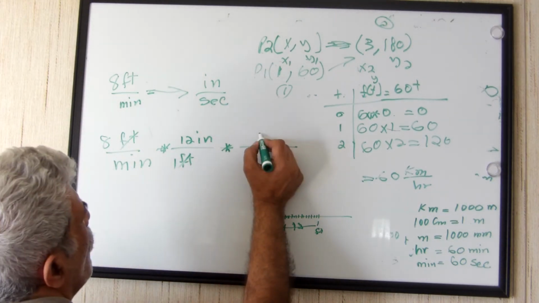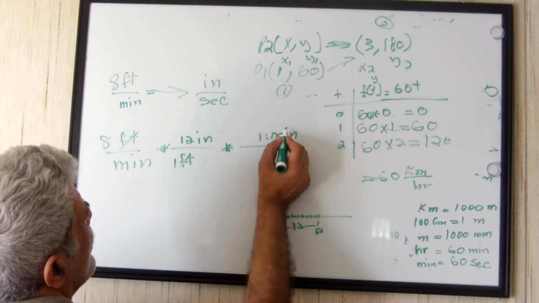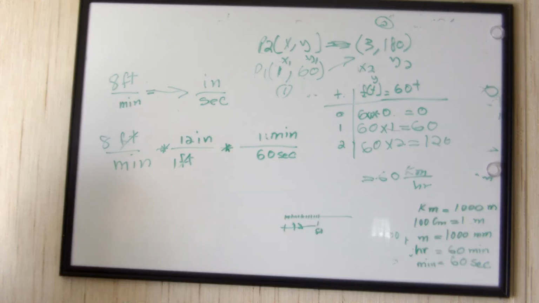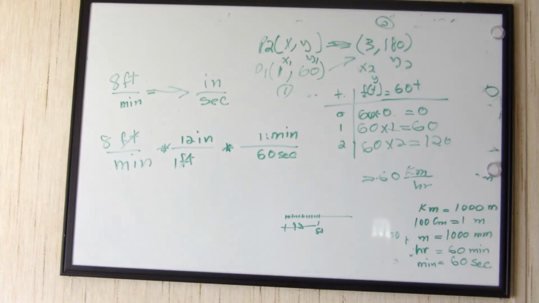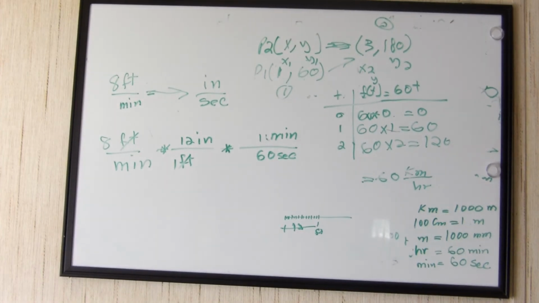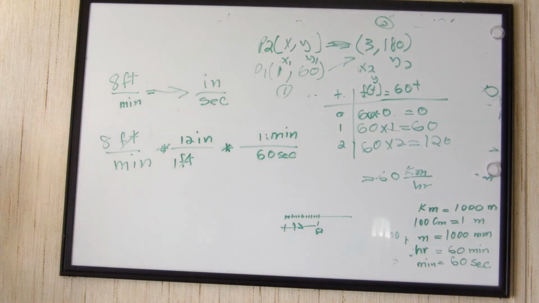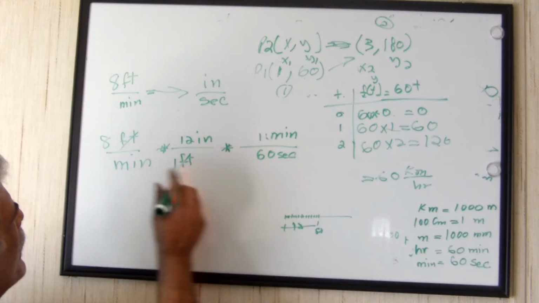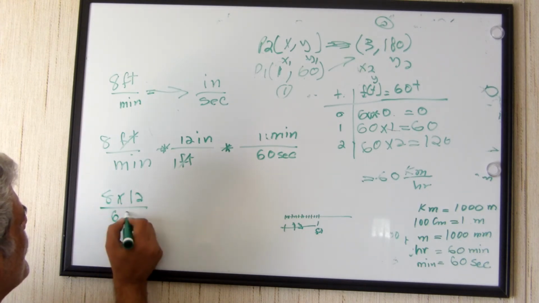We say 1 minute is equal to 60 seconds. So we are changing feet per minute to inch per second. So the result will be 8 times 12 divided by 60.